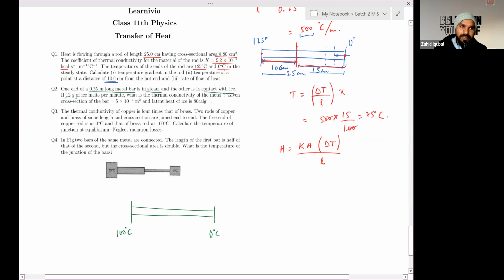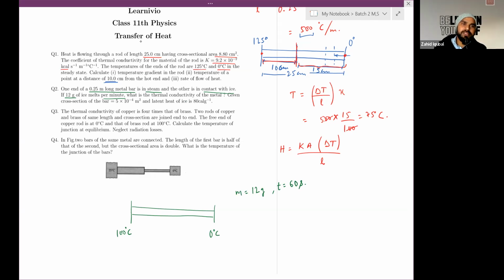If 12 gram of ice melts per minute, so you have the mass of ice to be melted, 12 gram, and the time, 60 seconds. So we have to calculate the thermal conductivity for this process.